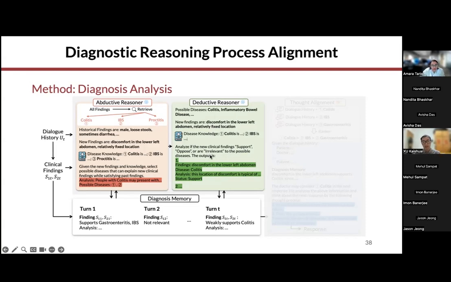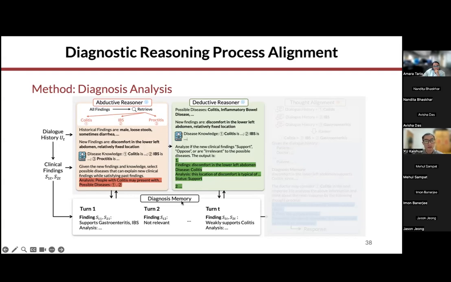As we know, medical dialogues contain redundant information, especially from the patients, such as personal information that is not relevant to the diagnosis. So the deductive reasoning will exclude this information and analyze the relation between the findings and the available diseases.